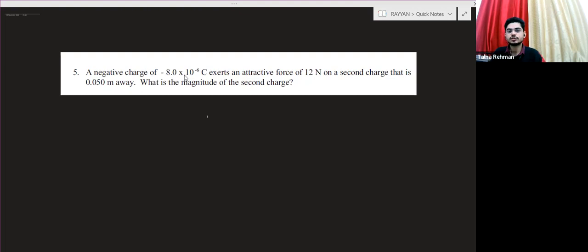We are saying a negative charge of this exerts an attractive force of 12 Newton on a second charge that is this meter away. What is the magnitude of the second charge? Again, same question.